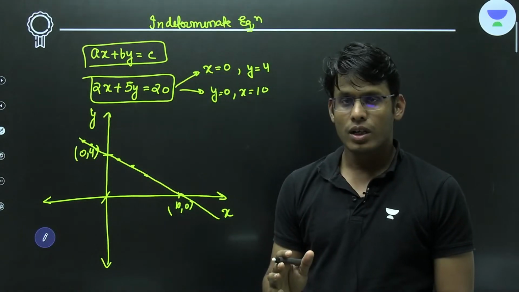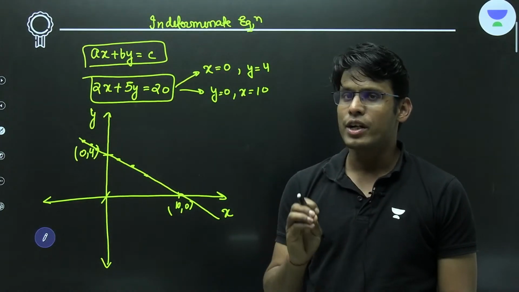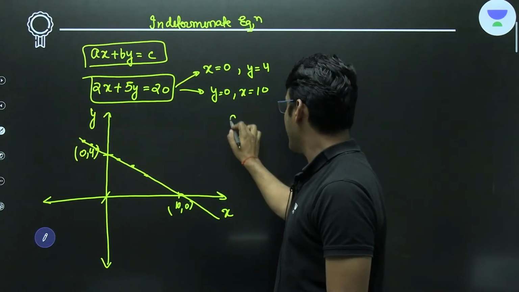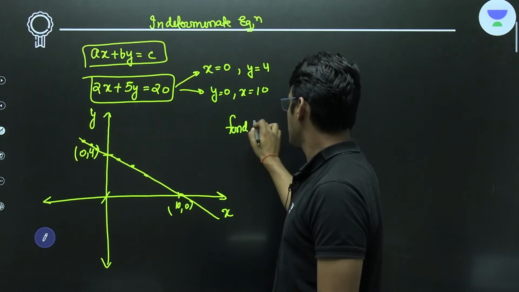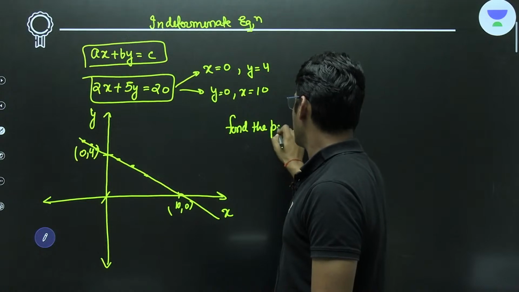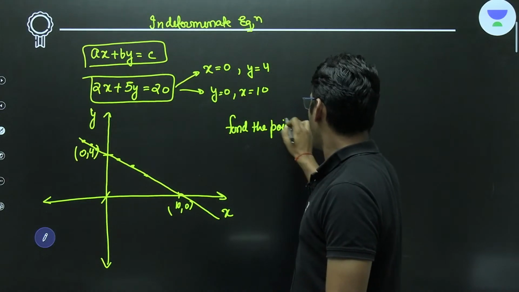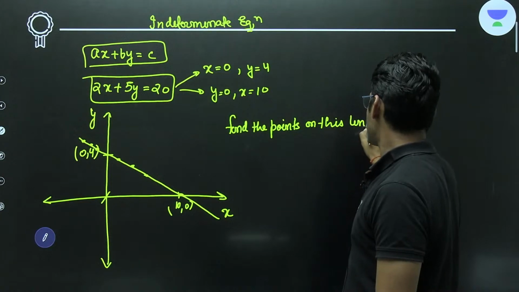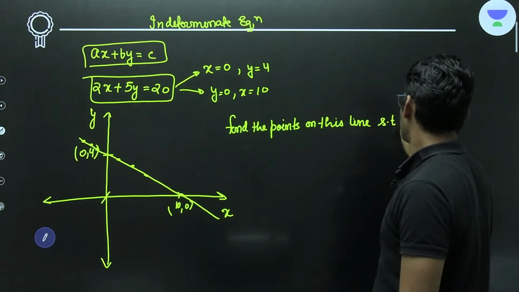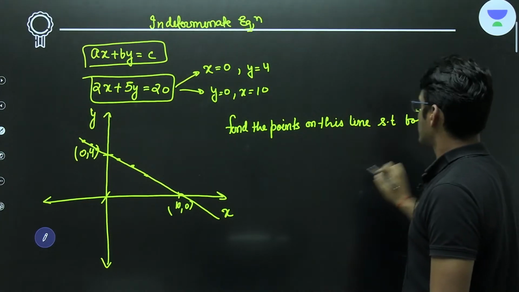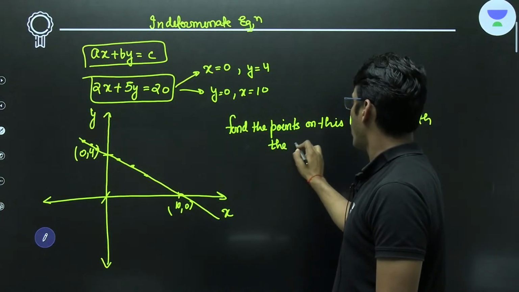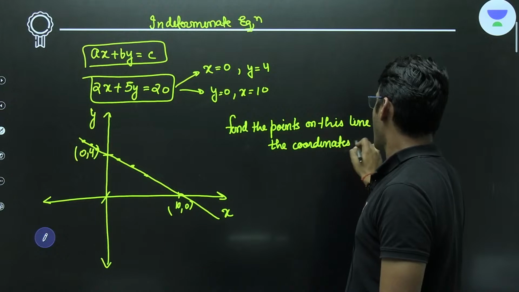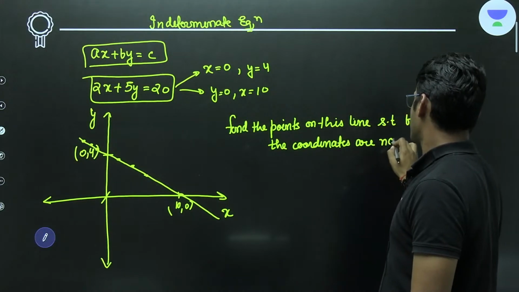But if I introduce something, if I say find the points on this line such that both the coordinates are natural numbers.